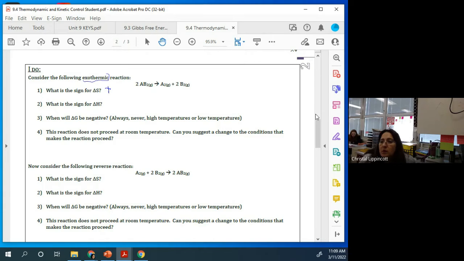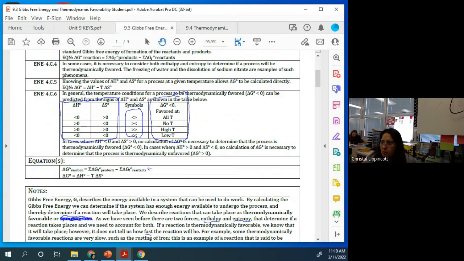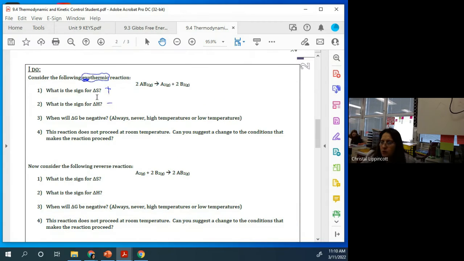Negative. Exothermic. It's exiting these bonds. It's leaving. All right. Here's your first foray into that chart. Remember we talked about the chart over here? So you've got a positive delta S, you've got a negative delta H.